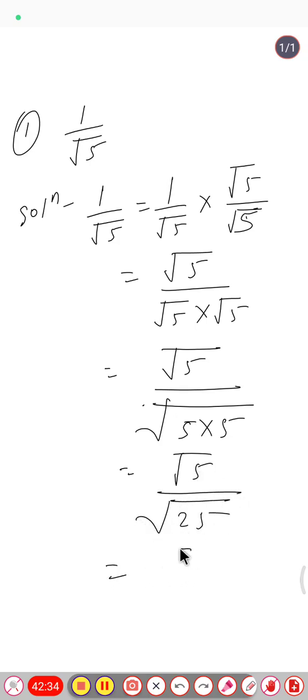The square root of 25 is nothing but 5, so it becomes root 5 upon 5. This is the way we have to rationalize the denominator.